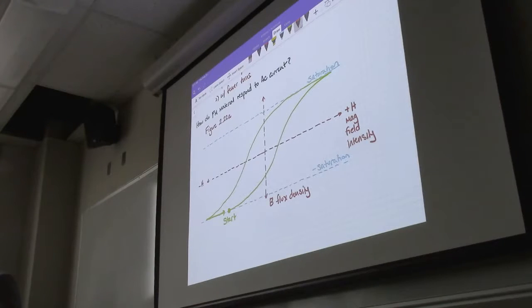So when we get to a saturation point and we quote-unquote turn around, let's say we increase our magnetic field intensity to the point where we have saturation, and then we pull that magnetic field intensity back.